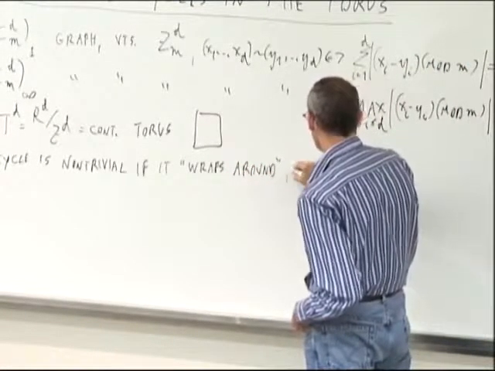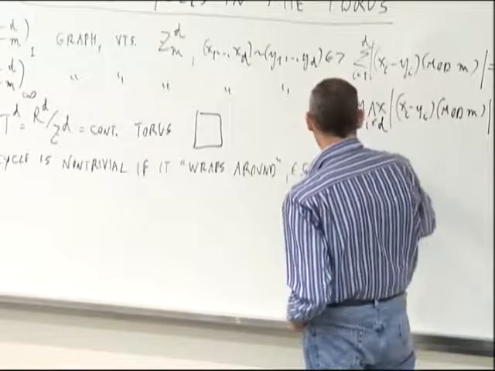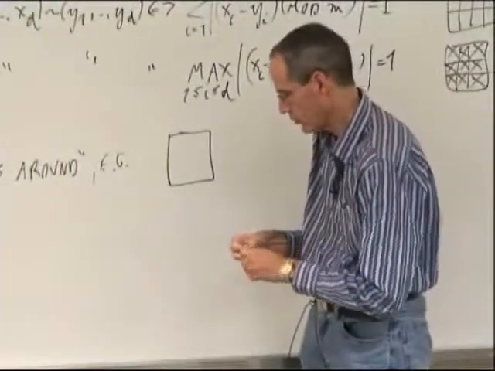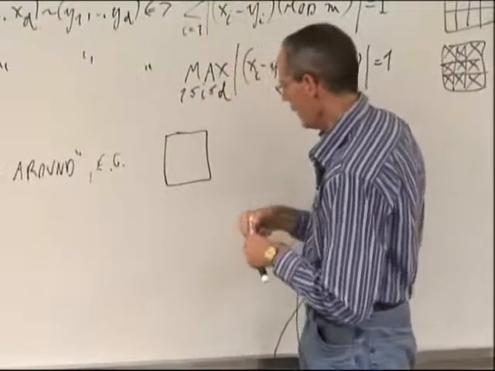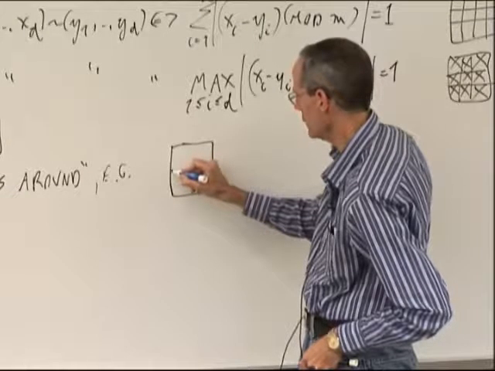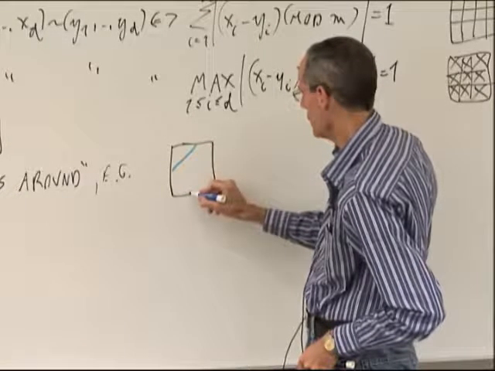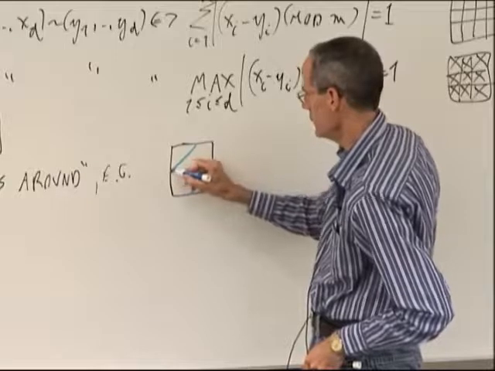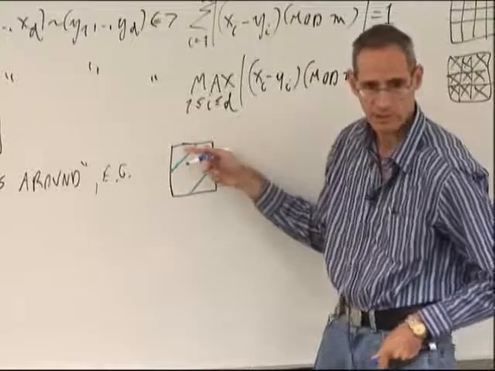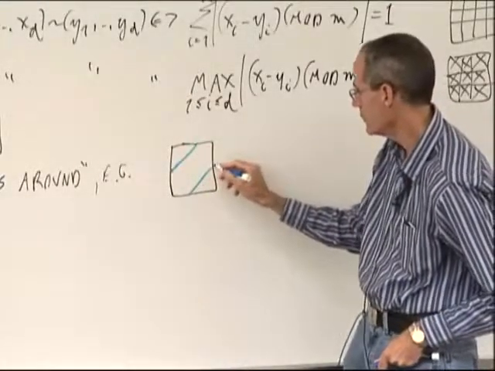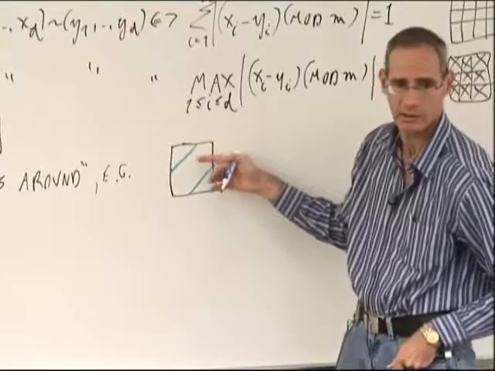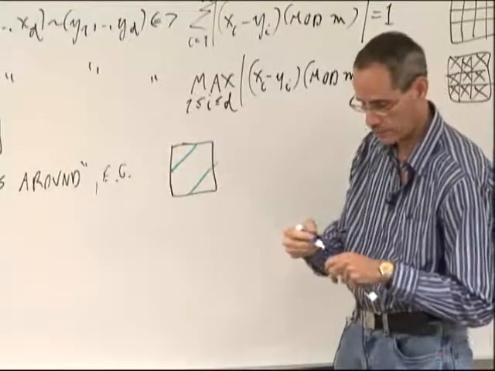So, for example, I'll do it in the continuous torus. Just to practice, this is a cycle, right? Because it starts here, goes here. This is identical to this because we identify top and bottom, and then it goes here, and this is identical to this. And you see that it wraps around, actually in both dimensions here.